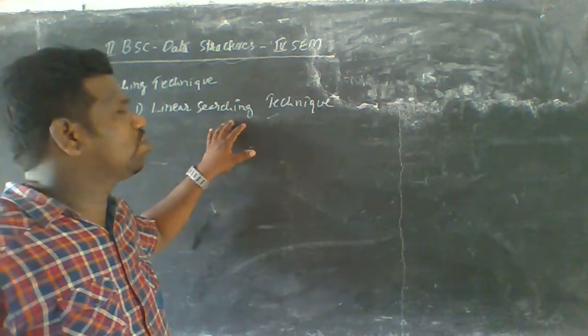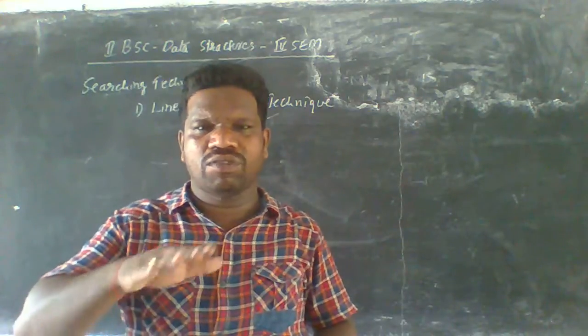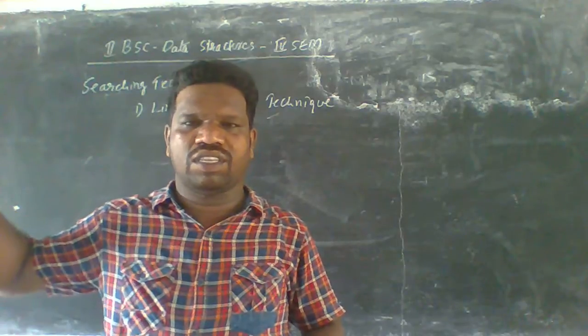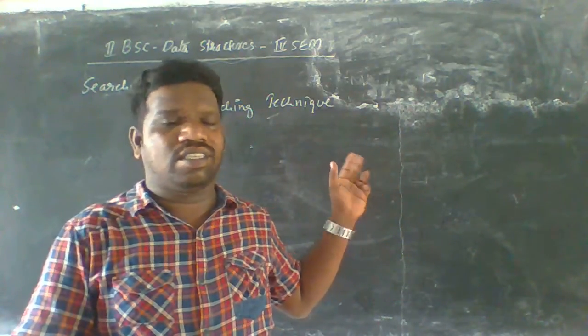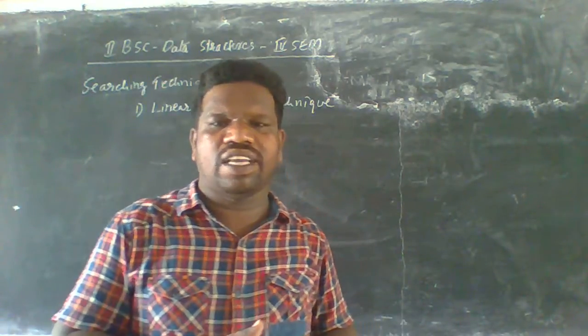Linear search follows a systematic order, that is 1, 2, 3, 4, 5, 6 and so on.